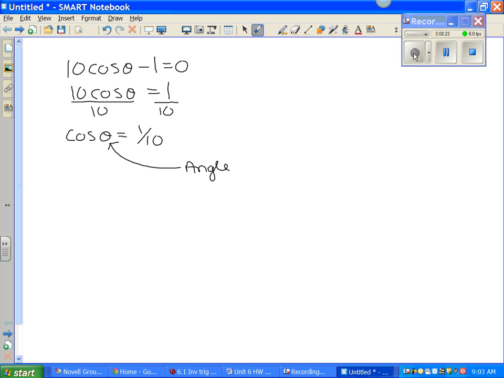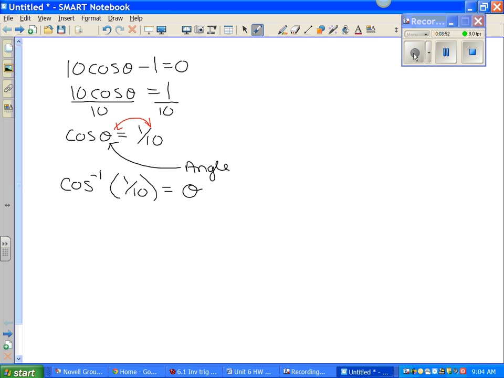So how do I write it? Cosine inverse of 1/10 equals theta. Remember, this is the inverse, right? These two things switch places for me. X and Y switch places, right?